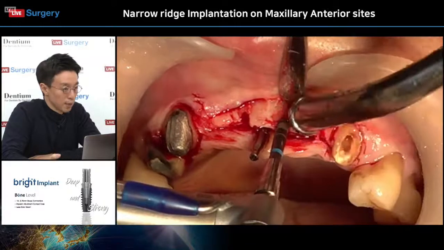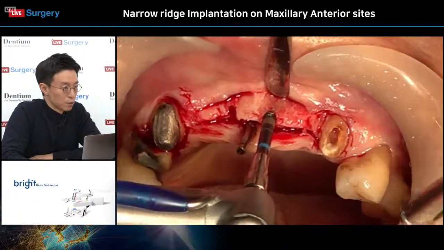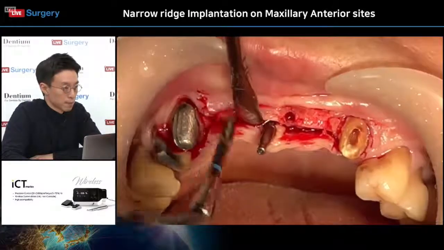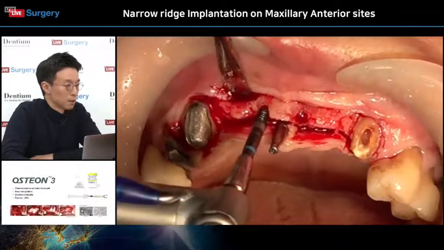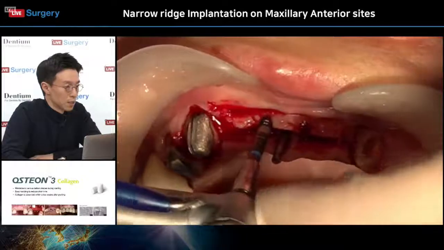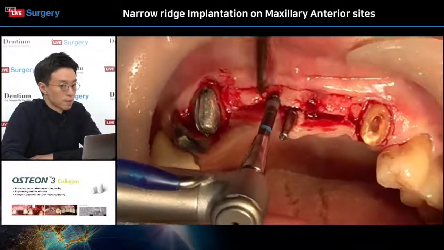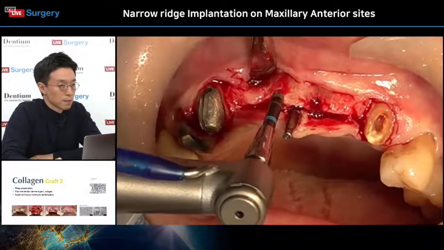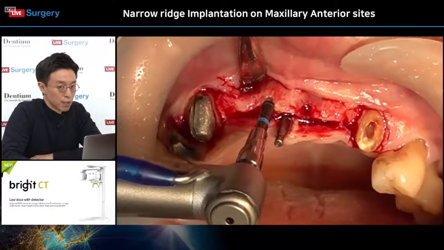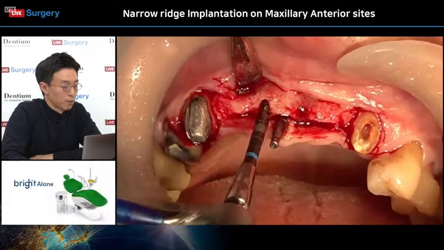Now he is expanding the alveolar ridge to place a larger, wider implant. This is a ridge expander drill of the Dentium kit. We can use the ridge expander drill with 50 RPM and 70 Newton.